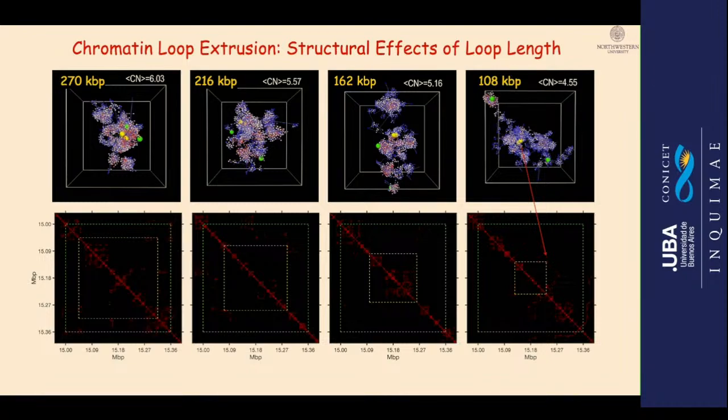This highlights two key points. First, loop extrusion alone does not ensure a compact or stable structure. Second, the contact map is sensitive not just to loop anchor position, but to the full 3D context.